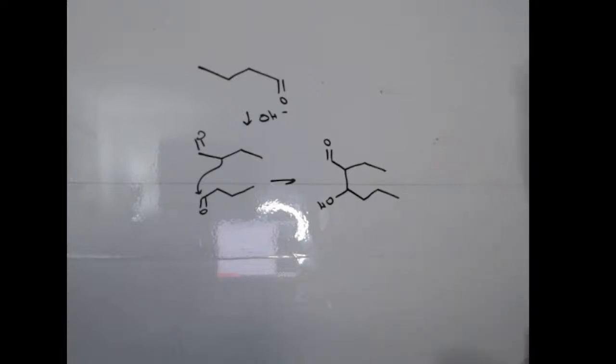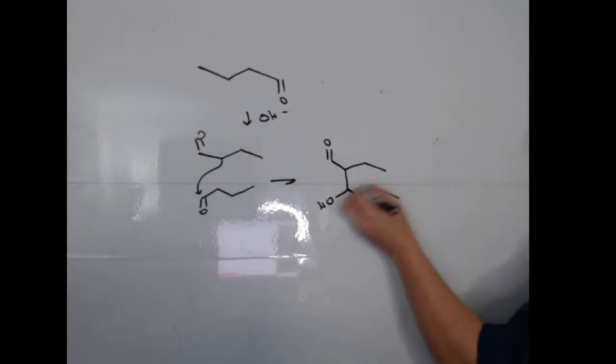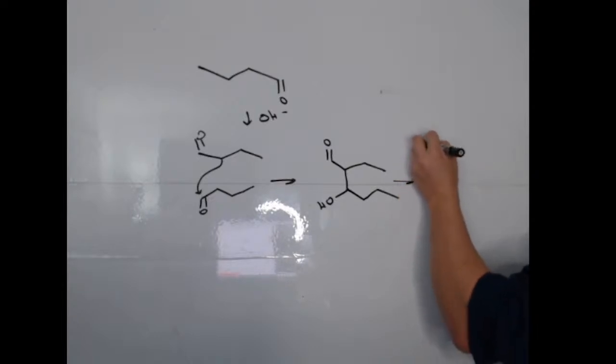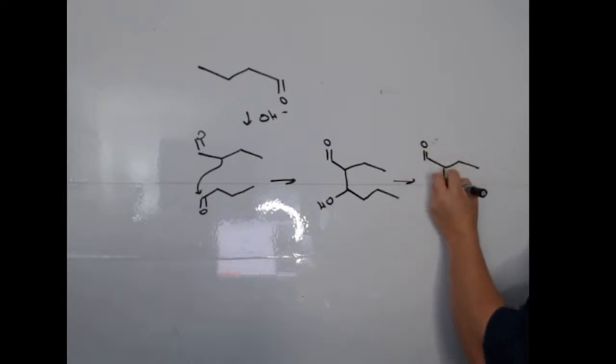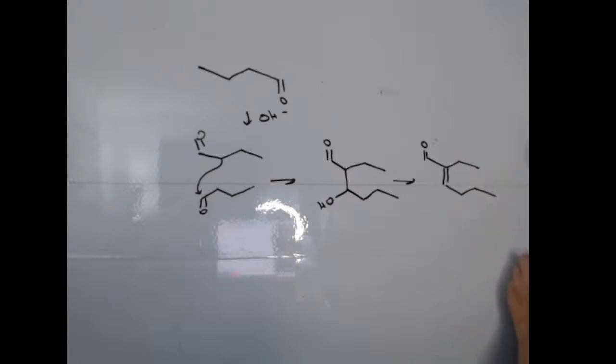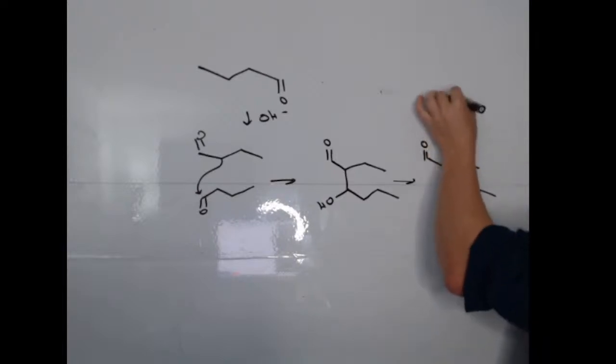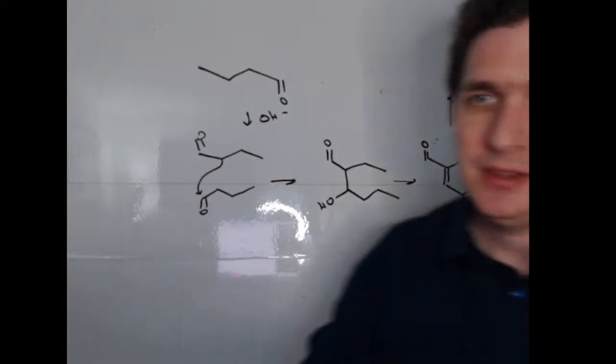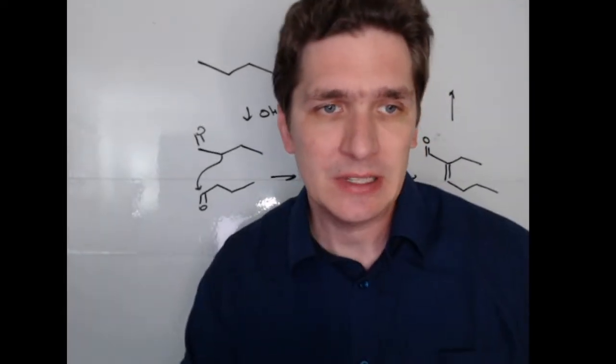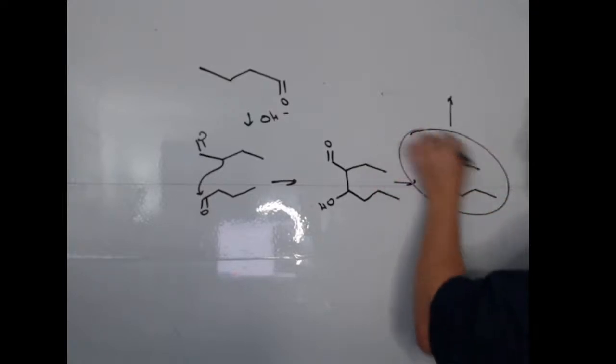And then subsequently, because we're under basic conditions, we get the aldol condensation, which will give us this structure here. So your first product here, it's not stating it explicitly, it would be better if it did, is that you're forming this aldol condensation product.